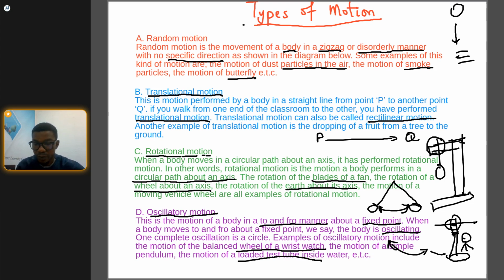Waiting for a response so we can proceed. Yeah, I've gotten a feedback. I need one more. If yes, kindly signify in the chat box. I'm still waiting.